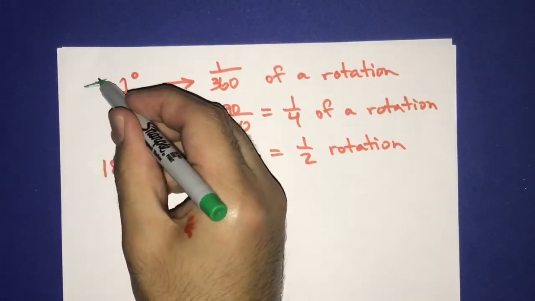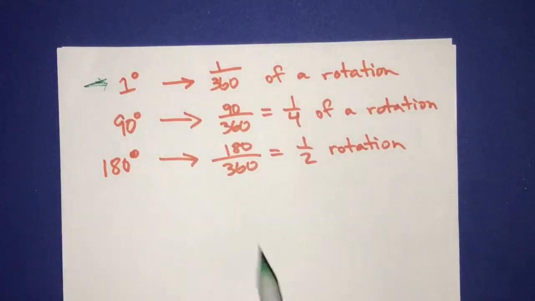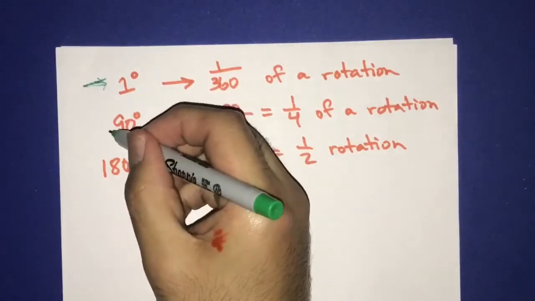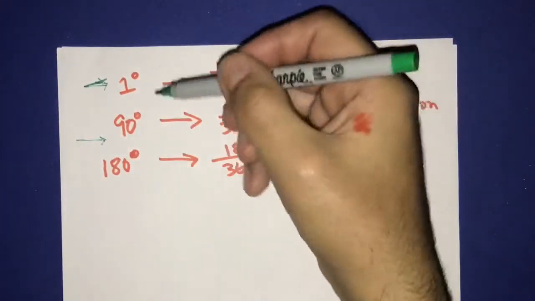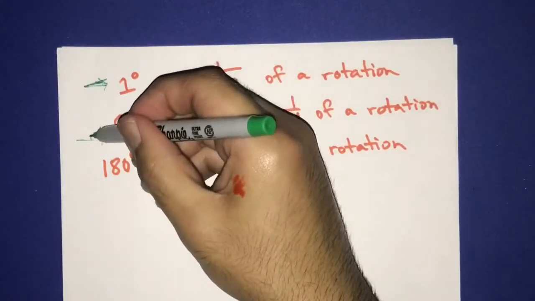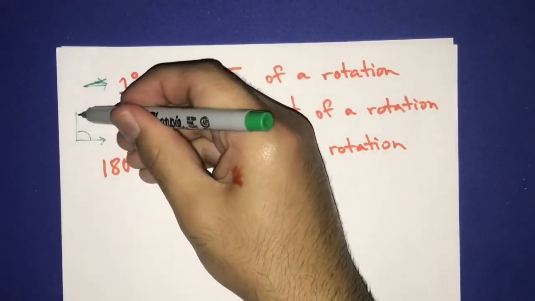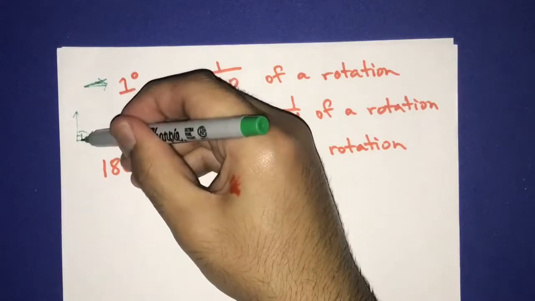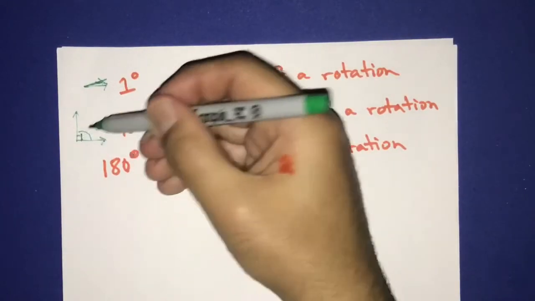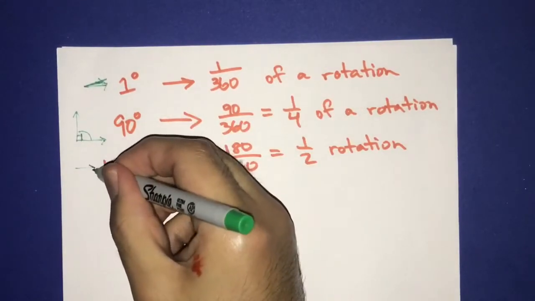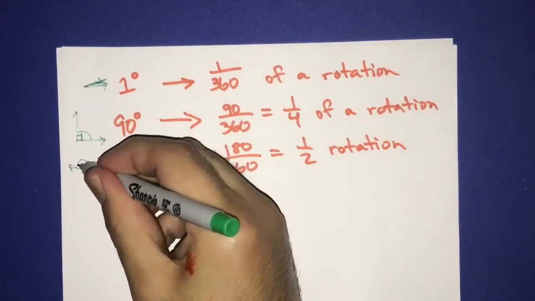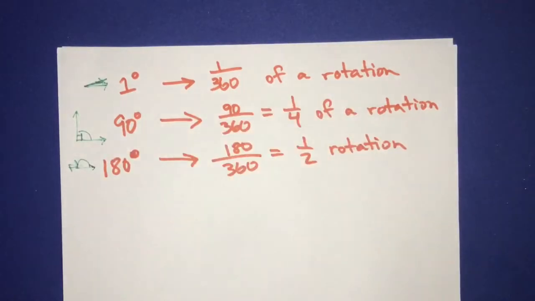It's pretty much going to coincide, close to being on top of each other. Okay, 90 degrees. We're going to have the initial side rotated through 90 degrees, which is going to be perpendicular. So we could draw this little square right here. And 180 degrees is just going to look like a straight line right here, and that's going to correspond to the 180 degrees.